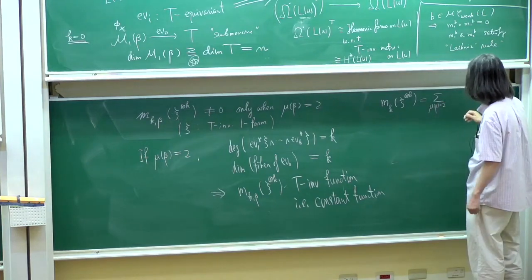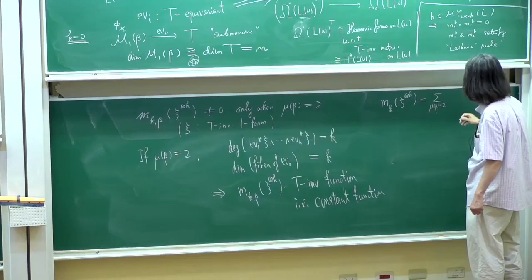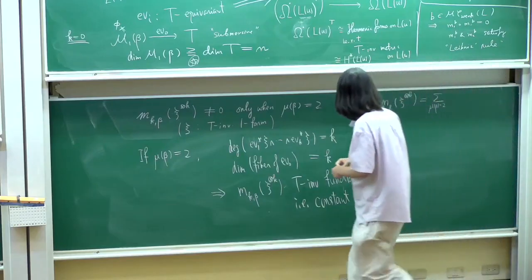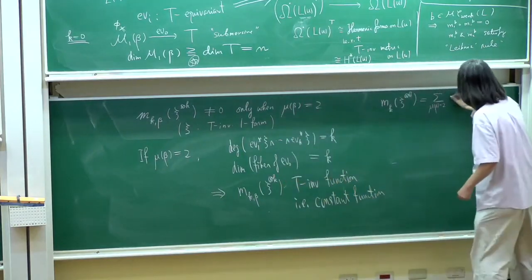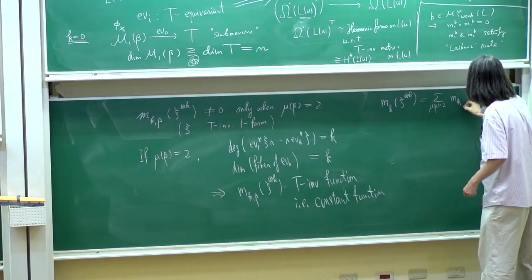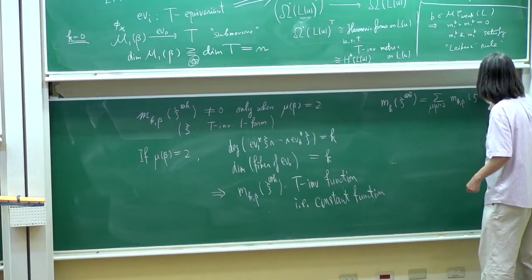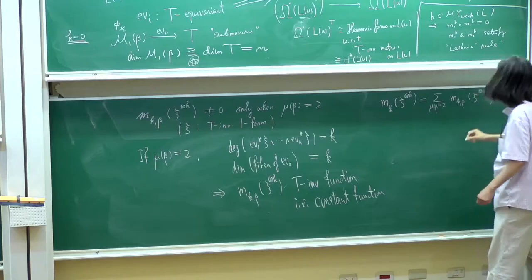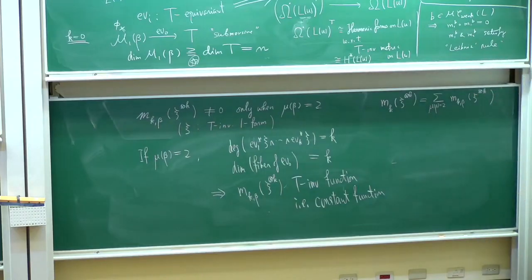And, this is not really, okay, but anyway, so mk beta of psi tensor k, and t to the this. So this is a function. This is actually a constant function.